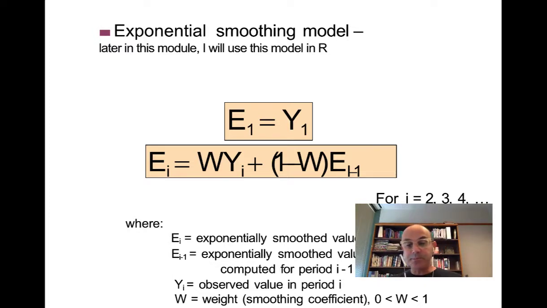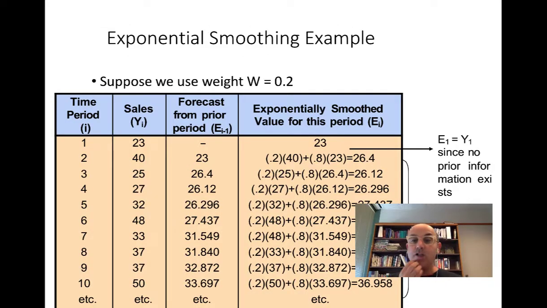So in this case, this is the weight, the W, the E, and all of it. Basically, we will find the value of the forecast, we will learn about the exponential smoothing value for this period, and we'll be able to calculate it.